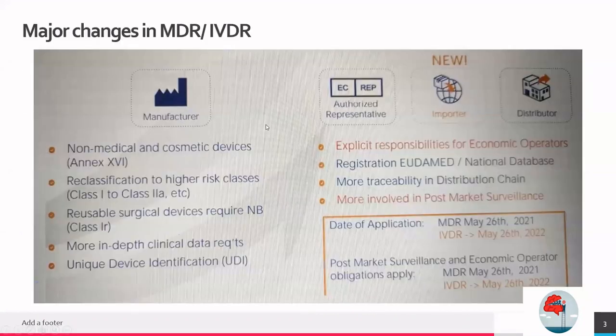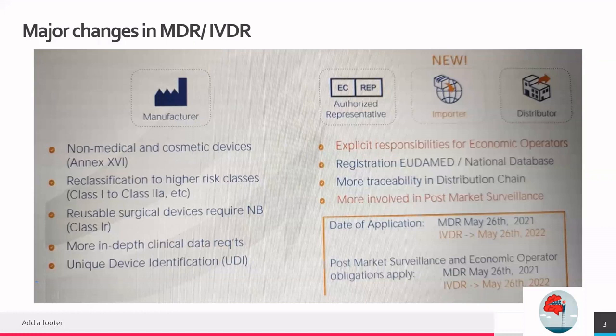Okay, so before getting into the economic operator concept, I have kept this slide called major changes in MDR and IVDR. Why I have kept it is because, apart from UDI and reclassification of devices to upper classes because of the risk, there are economic operators with explicitly more responsibilities and a clear line.